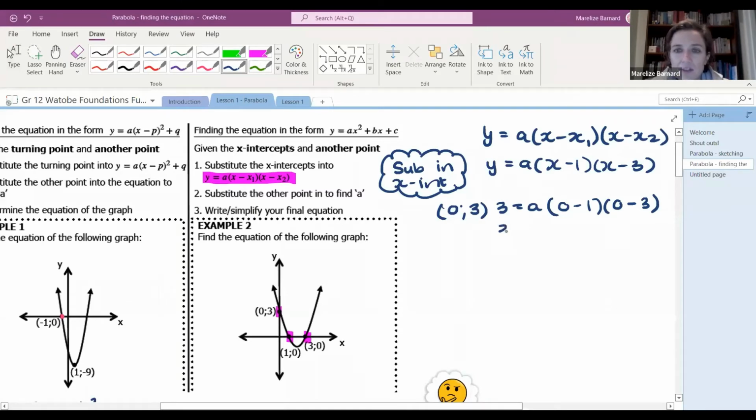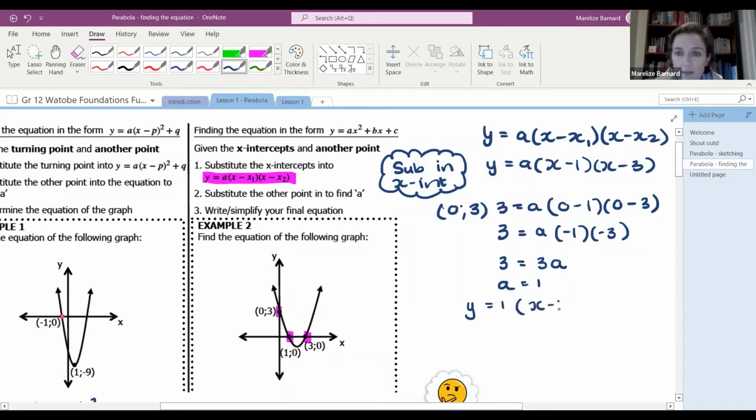Okay, let's continue with this minus 1 minus 3. That gives me 3a, so a is 1. Okay, let's now put everything together that we've got.